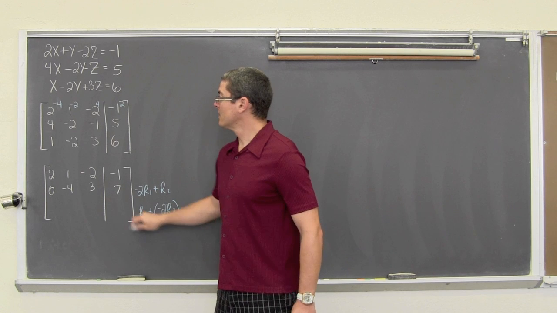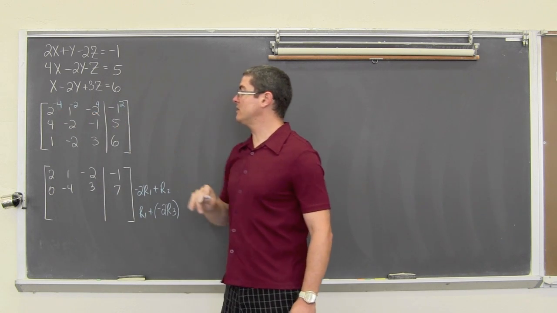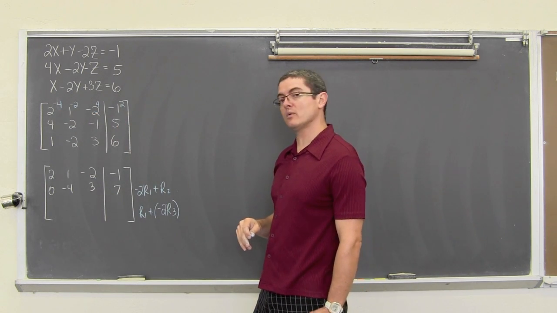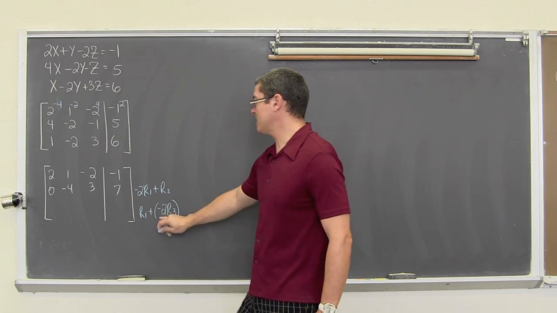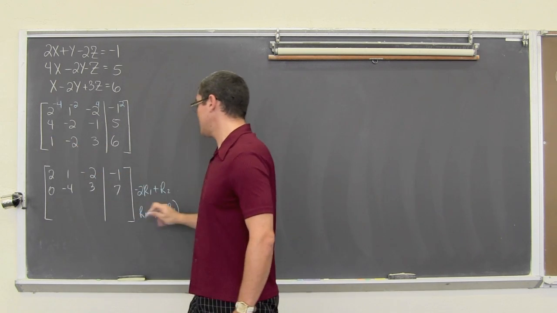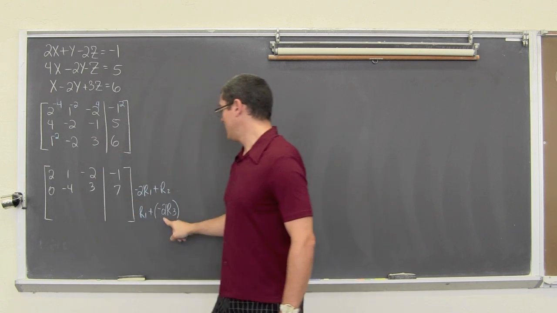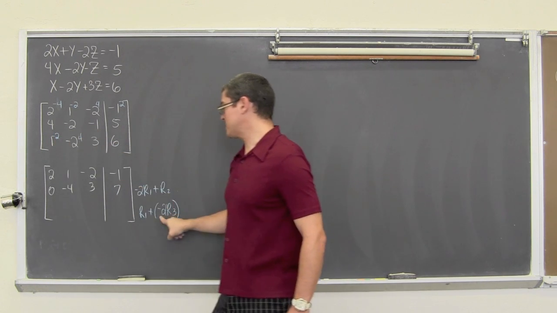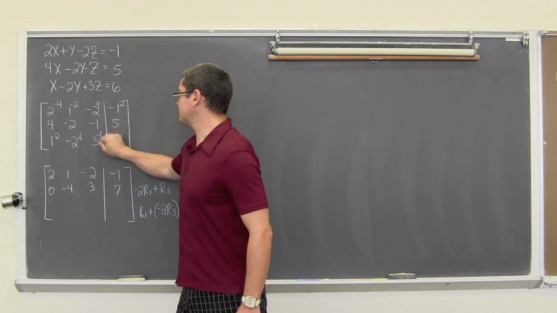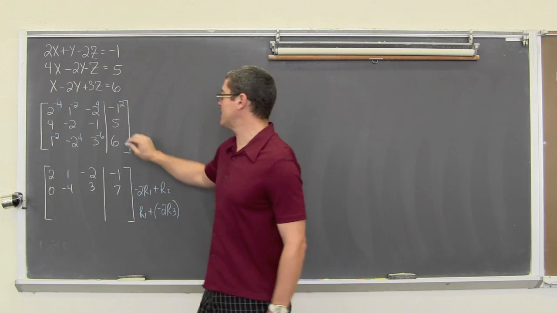Row 1: 2, 1, -2 and -1. Notice I'm looking at the original line now. Plus -2 times row 3. So -2 through here, 1 times -2 is -2. -2 times -2 is equal to 4. 3 times -2 is -6. And 6 times -2 is -12.